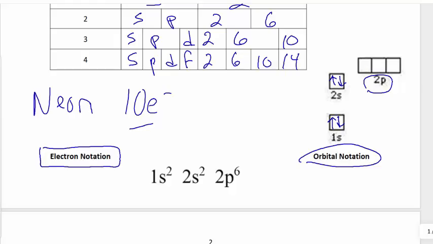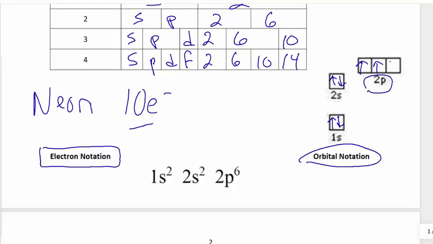This would be like if you got on the bus and there was someone sitting in a seat, but next to them there was no one there. You would more likely probably just sit in a seat by yourself rather than pair up with someone. And that's what happens here, where the electrons will fill this space by being in separate boxes first. So if I had 2 electrons in the 2p, it would look like this.